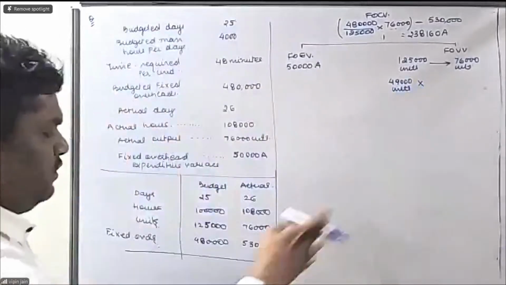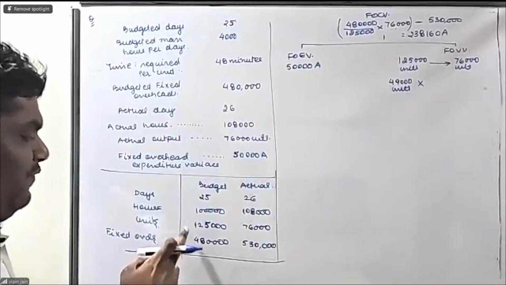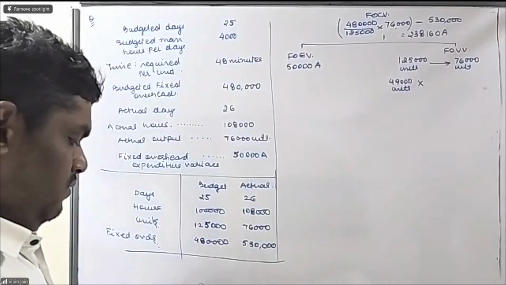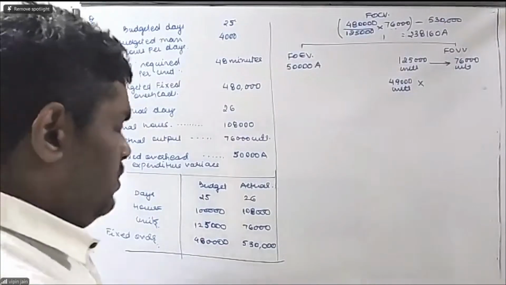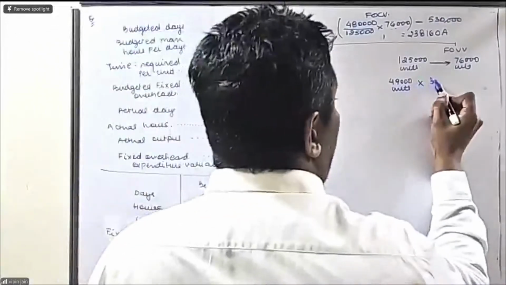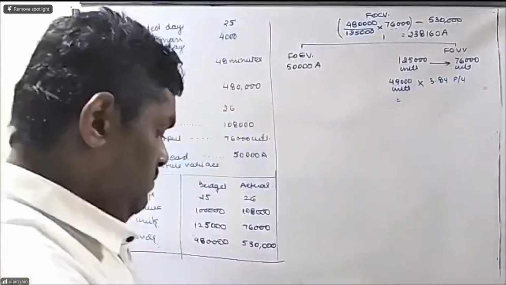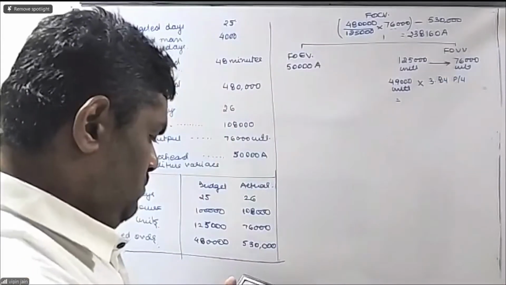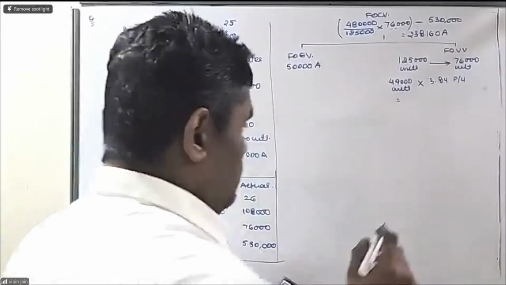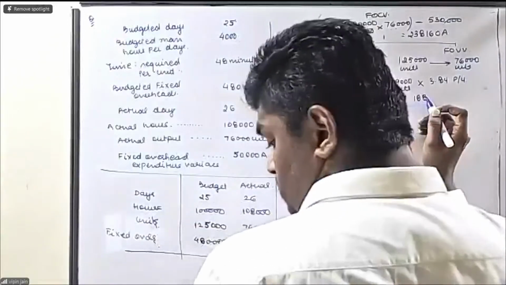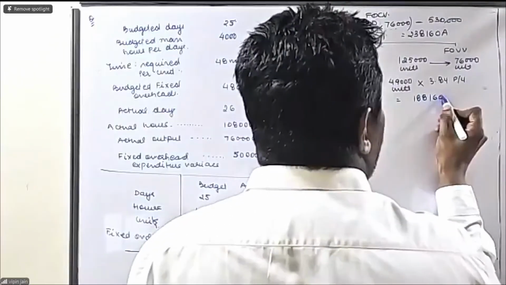Since it is units, we will take the rate per unit, that is 4,80,000 divided by 1,25,000. So this will be 3.84 per unit. So this will be 1,88,160 adverse.